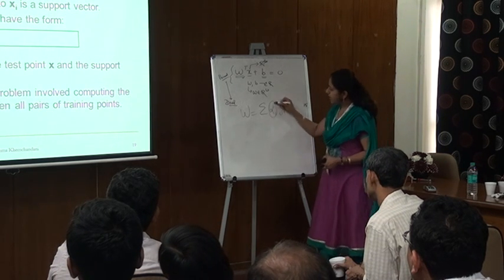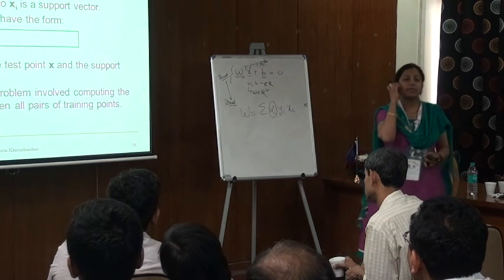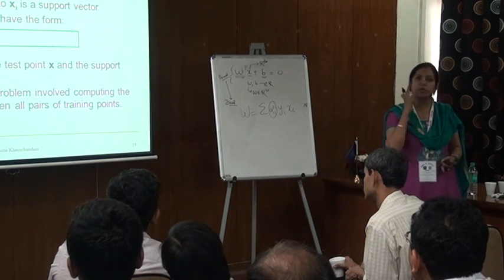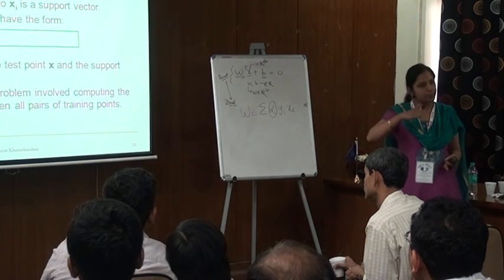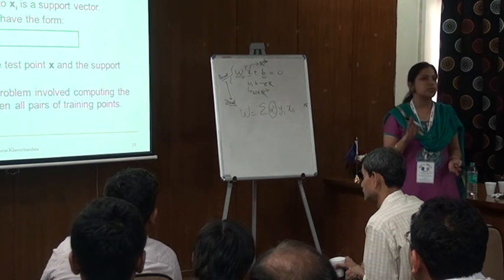So those alpha i's which are non-zero matter. Remember, when we deal with the primal problem, it has 1 million constraints. You are not dealing with 1 million constraints, but the dual problem where you have 1 million variables. Not all variables will have a non-zero value.